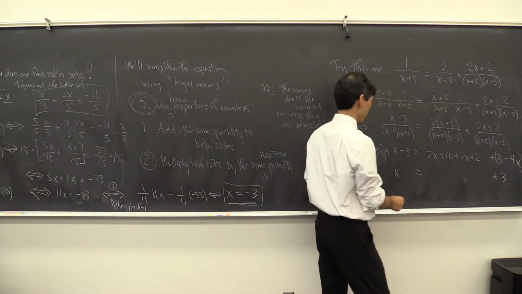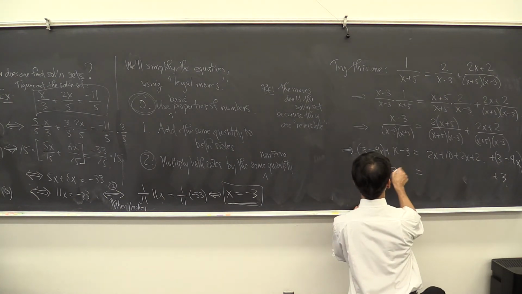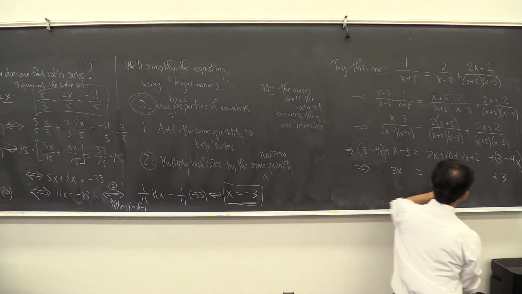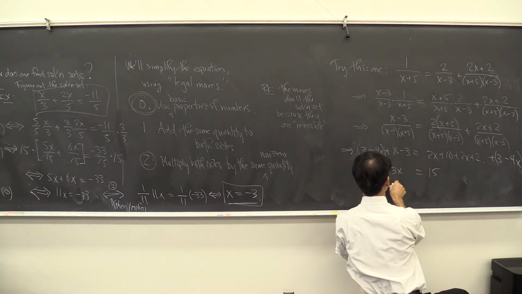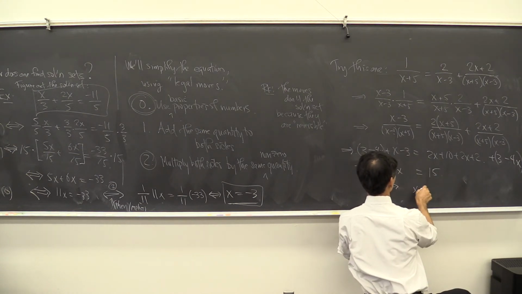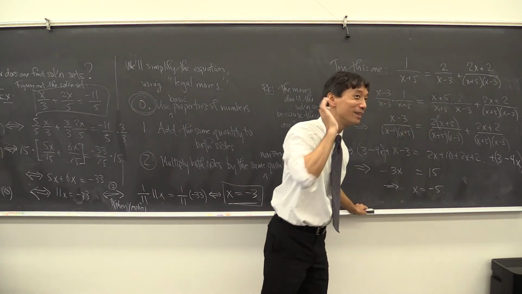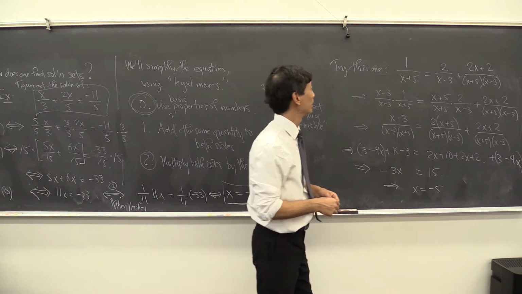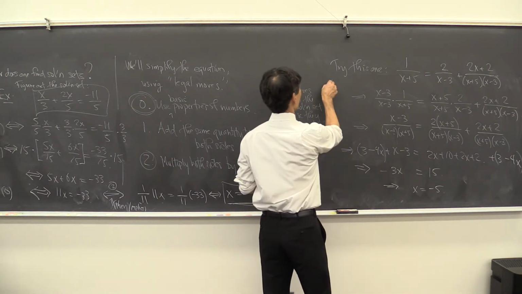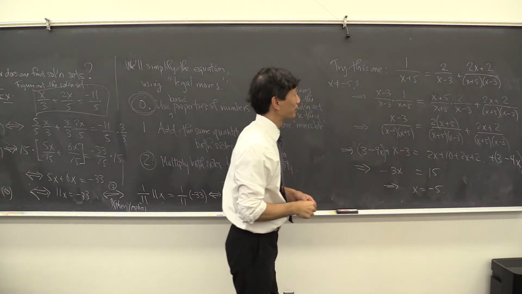So then you get negative 3x equals 15, and then the solution is x equals negative 5. That cannot be true. It doesn't work because the domain is x cannot equal negative 5. So x cannot be negative 5 or 3.